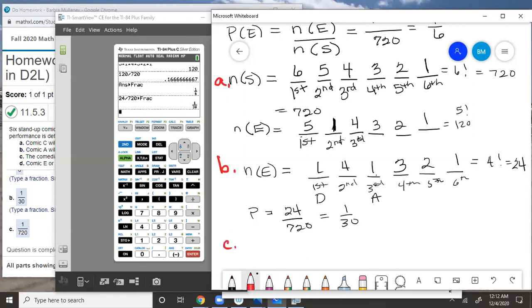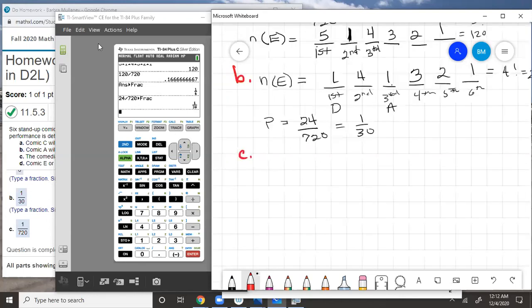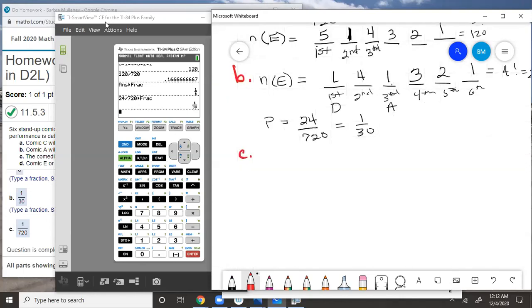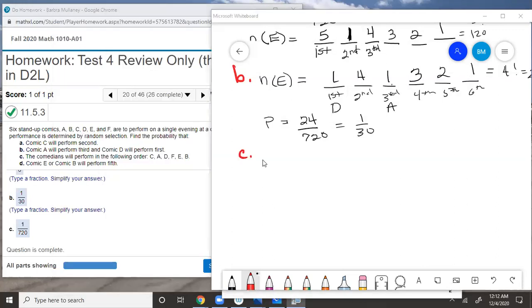So part C, the comedians will perform in the following order: C, A, D, F, E, B. Okay, so there's really only one way that can happen. So intuitively, we might understand that the probability is equal to 1/720.